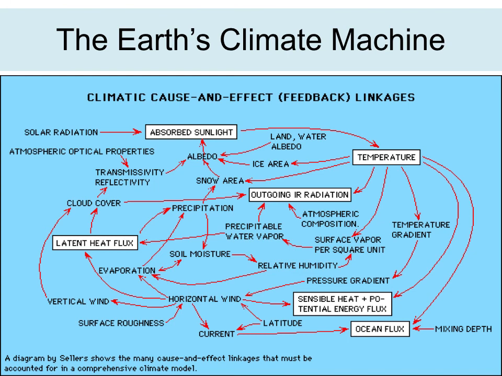It also delineates ice area and, for that matter, land and water balance, which again decides the albedo and thus the reflection of the radiation back to the atmosphere depending on the nature of the surfaces. The temperature and pressure gradients lead to horizontal wind, which drives the whole myriad of meteorological activities such as evaporation, latent heat flux, vertical wind, current, sensible wind, and so forth.